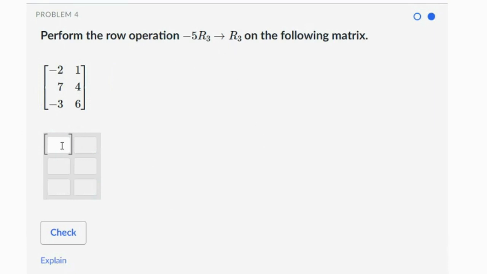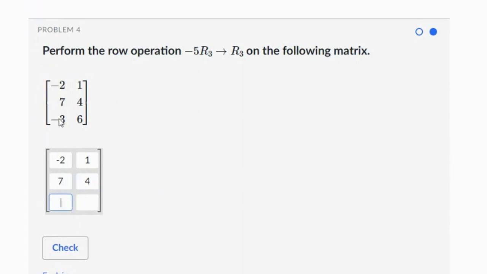So notice the first one is unchanged because it didn't say do anything with the first row. It didn't say to do anything with the second row, so we'll leave the second row alone. If we take -3 times -5, positive 15. If we take 6 times -5, negative 30. Let's check and see if that's right.